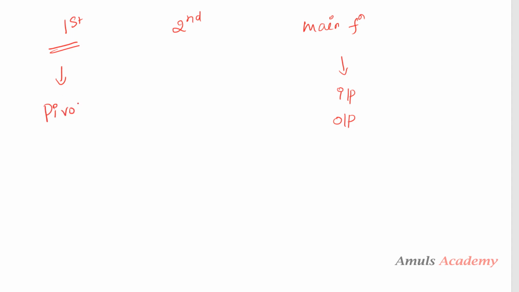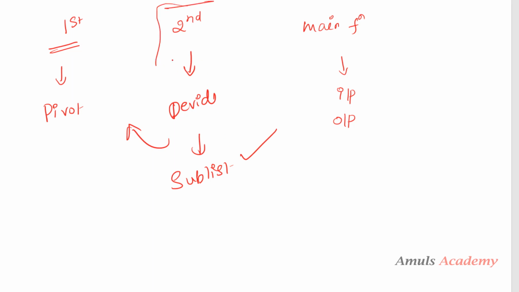In the second function we divide the list based on this pivot element and sort the sublists recursively. Here we can see the recursive call in this second function. So we need to define two functions in this program.